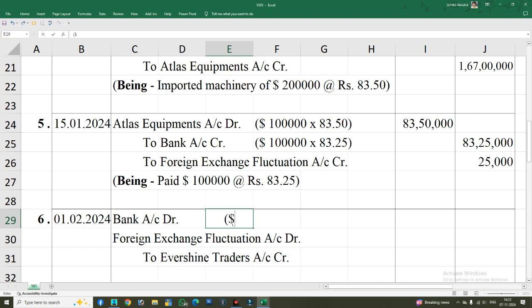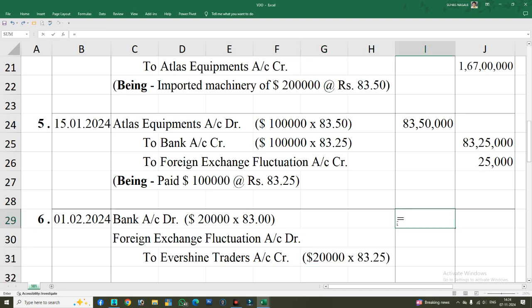Now dollars are 20,000 into current rate. It means 1st February 2024 rate, 83. And here is Evershine Traders account credit, dollar 20,000 into base rate 83.25.